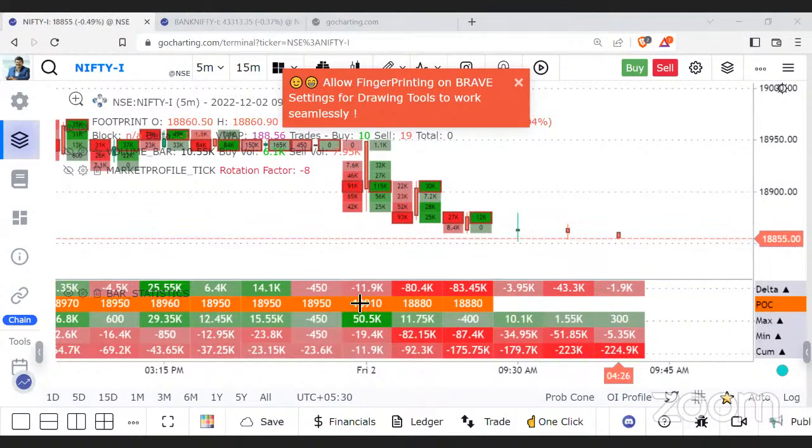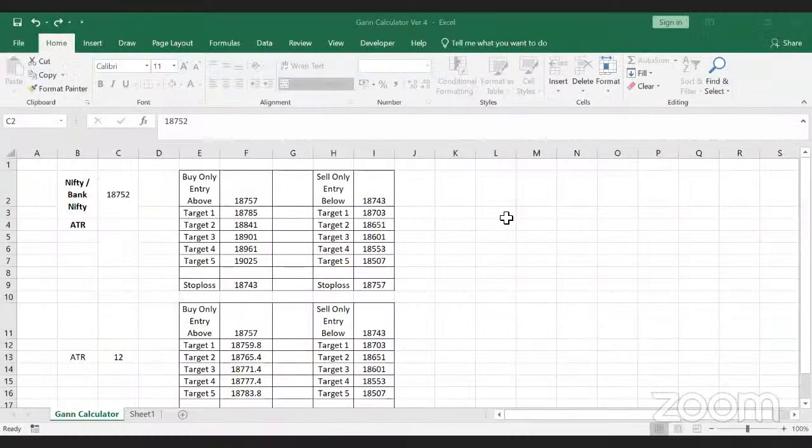So from that perspective, currently it is better for us to be on the sell side on the Nifty part. And maybe the first half is going to be negative.